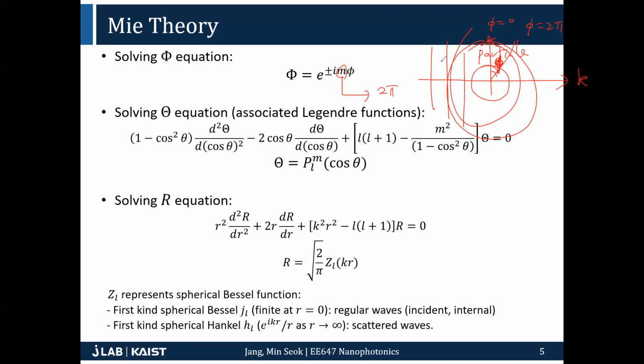So they must be the same. It sounds different, but it is actually pointing at the same position. So their values must be the same. So m is just an integer, because when phi equals 0 and phi equals 2 pi, they must be the same.